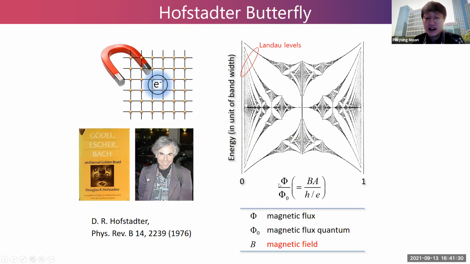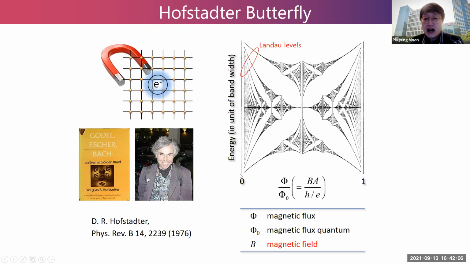And this is the energy spectrum. The lateral axis is proportional to the magnetic field B, and the vertical axis shows the electron energy. The black line shows the allowed energy at each magnetic field. A single vertical axis at magnetic field 0 shows the range between energy minimum and energy maximum of a single band. As magnetic field is turned on, infinitely many Landau levels emerge from the corner of the bands.